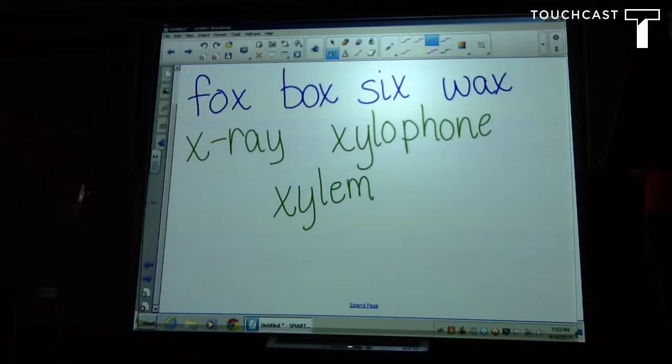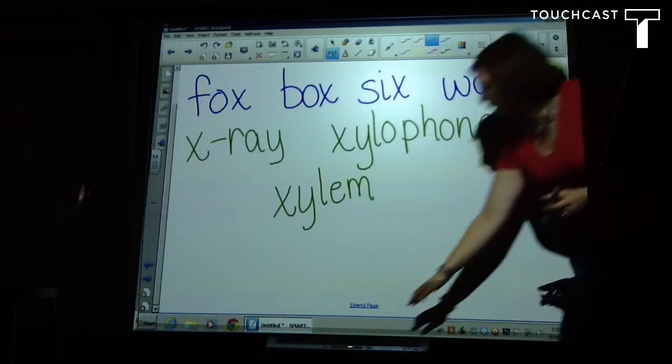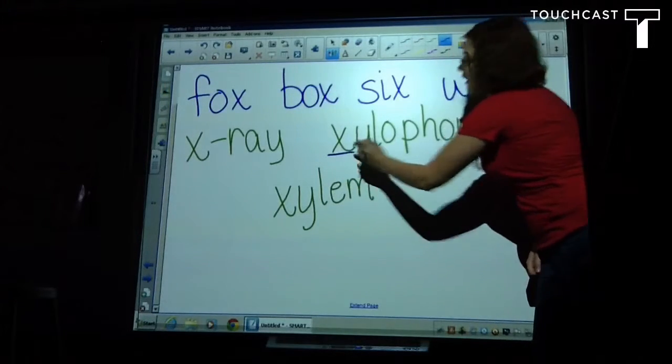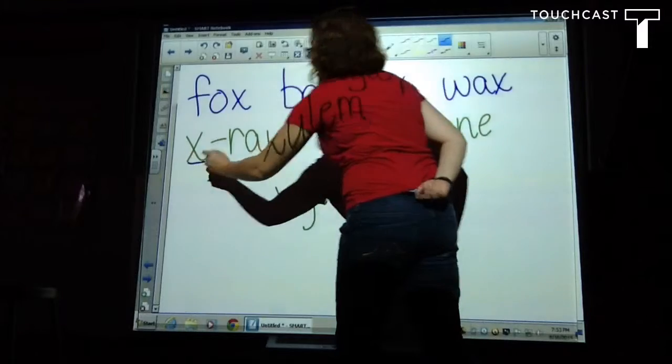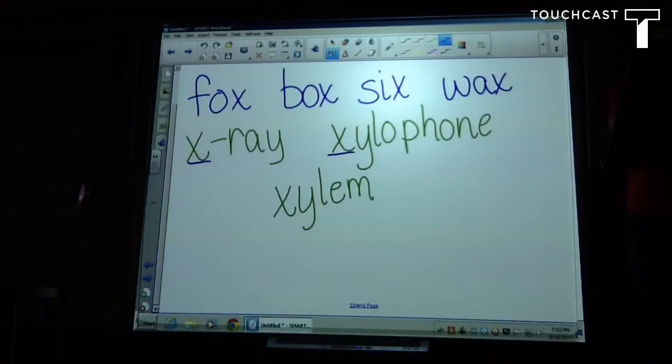When X is found in the beginning or initial position, it sounds like a Z, as in xylophone, or it says the letter's name, like in X-ray. Most of the time, X will give its normal sound of X and will be found in the middle or at the end of words.